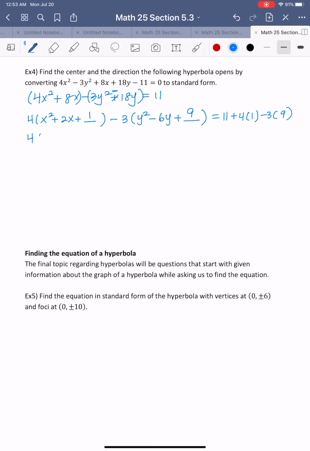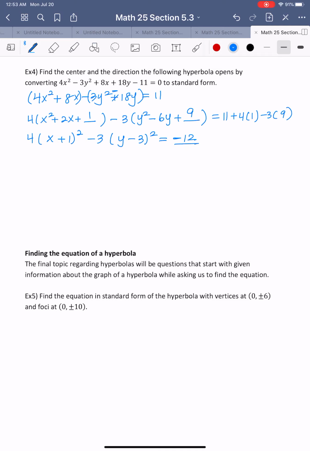Then I have 4 times (x plus 1) squared minus 3 times (y minus 3) squared equals 11 plus 4 minus 27, which is negative 12.